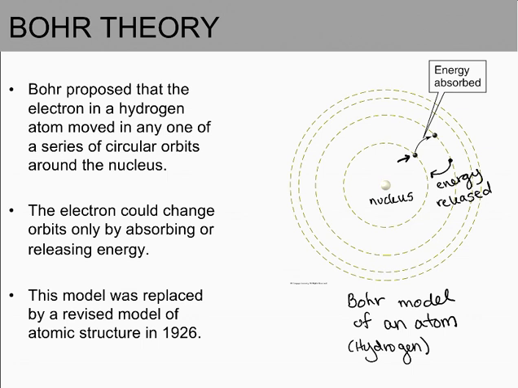So what this tells us is if an electron is really far away from the nucleus, then it's going to have more energy. If an electron has more energy, that means it is more unstable.